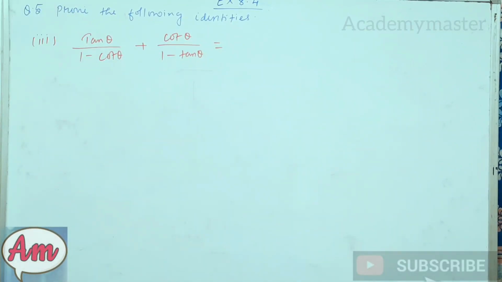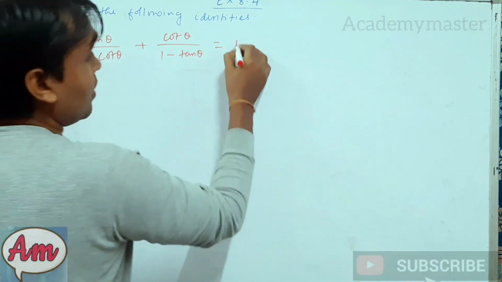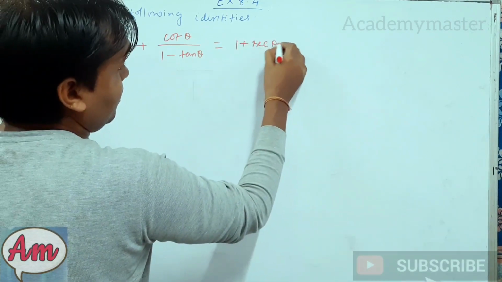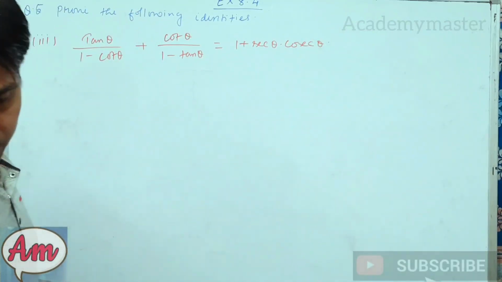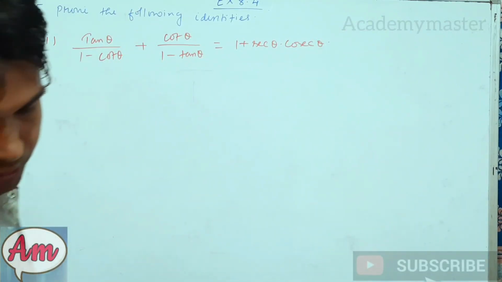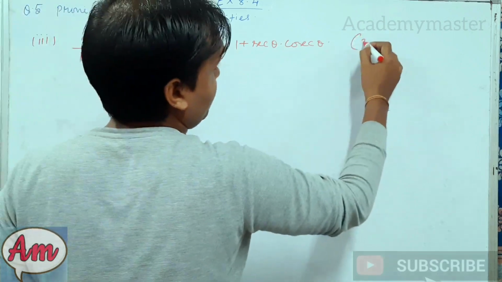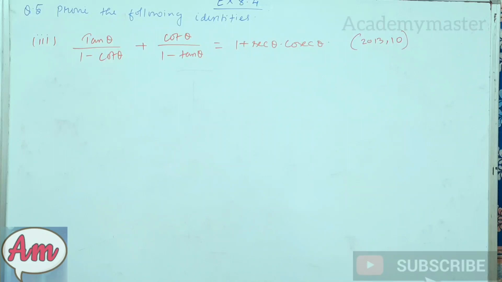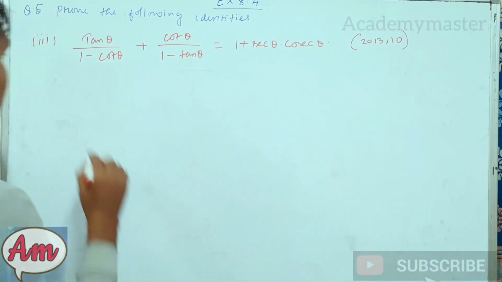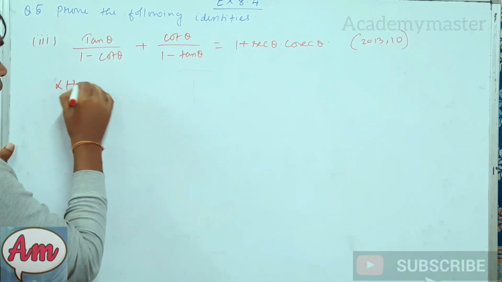We have to prove 1 plus sec theta into cosec theta. This is what we have to prove. This question was asked in 2013, so it is important again. I told you this exercise, all the questions are extremely important. So let's write again LHS.